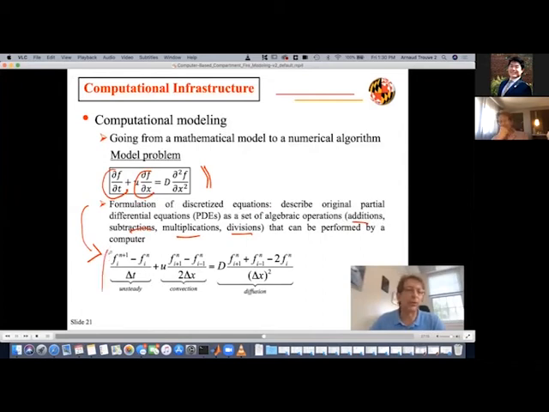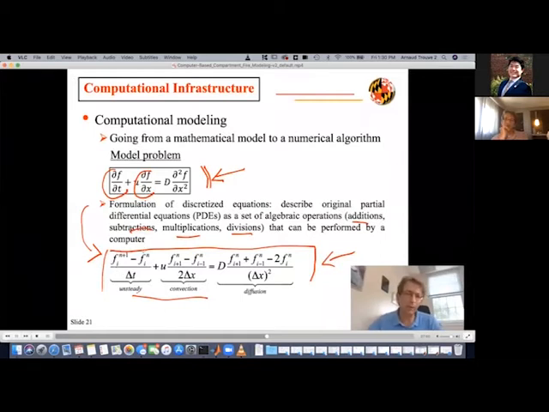Here you have an example of a discretized equation that is a model for the original governing equation for f that we had on a sheet of paper. But now this equation is an approximation of the original equation. That approximation corresponds to a set of operations that can be executed by the computer and provides a numerical algorithm.